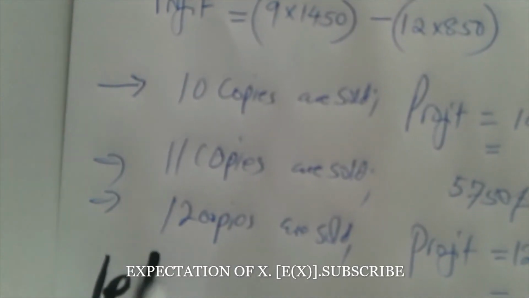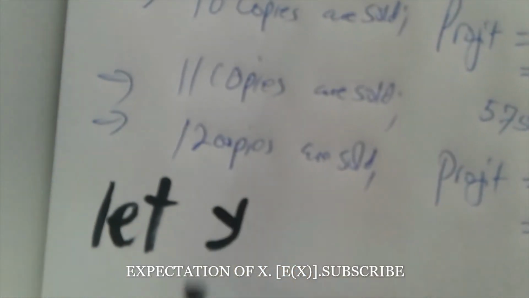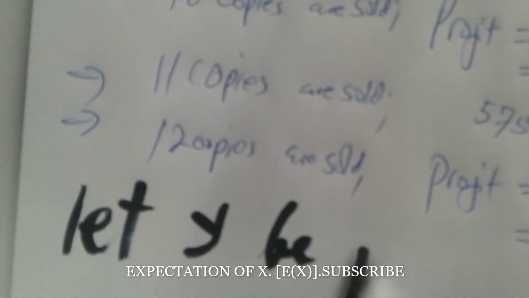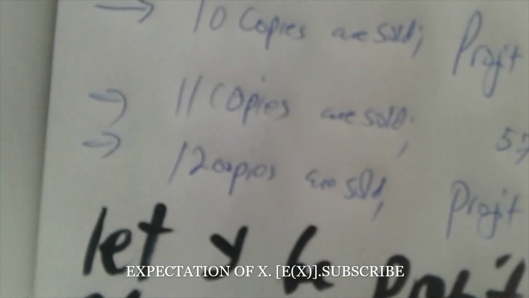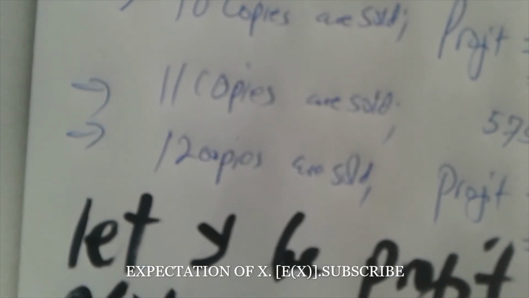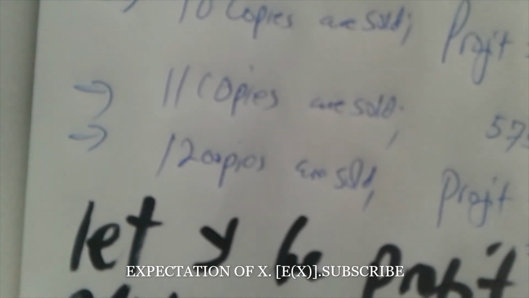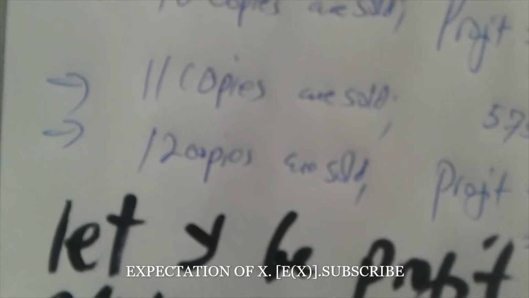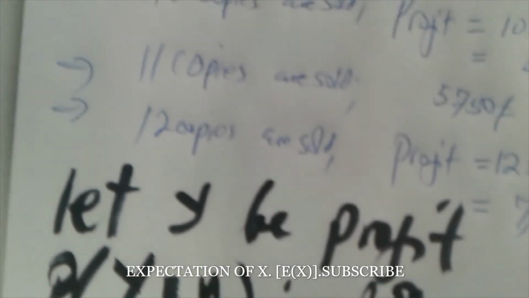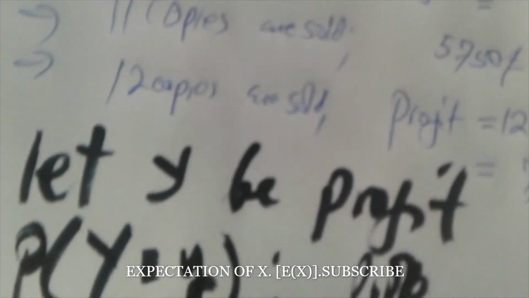Therefore, for the distribution table, let small y be the profit, then P of Y equals y be the probability for each of the profits made in a week.